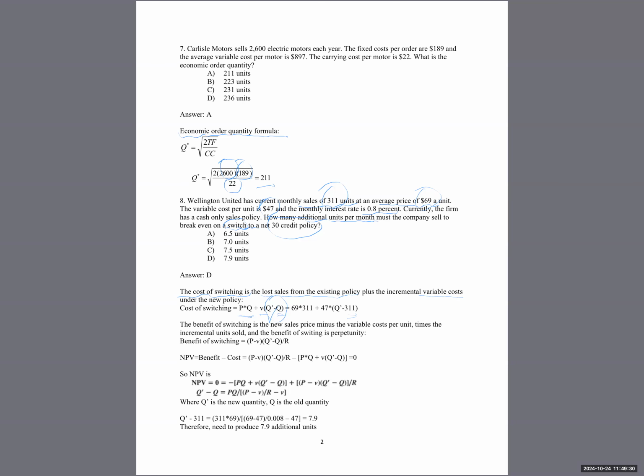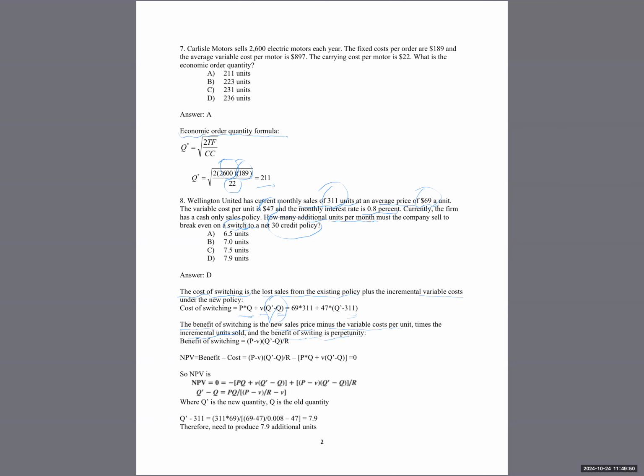And then we look at the benefit of switching. The benefit of switching is calculated by the new sales price minus variable cost per unit, times the incremental units sold. And also the benefit of switching is a perpetuity.